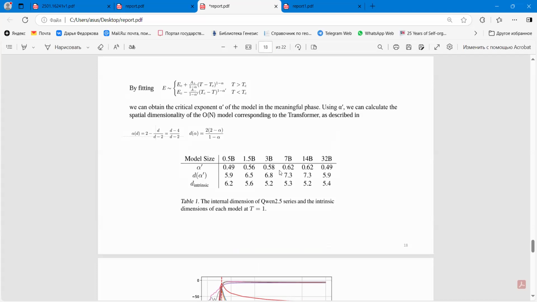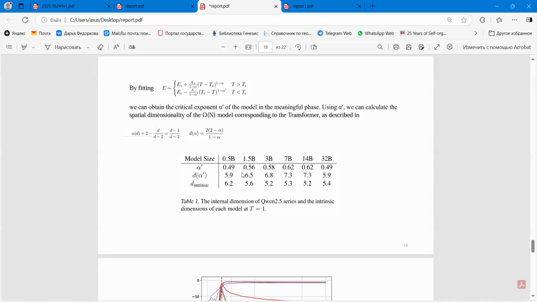And they say the internal dimension and intrinsic dimension at temperature equal to 1 are similar.